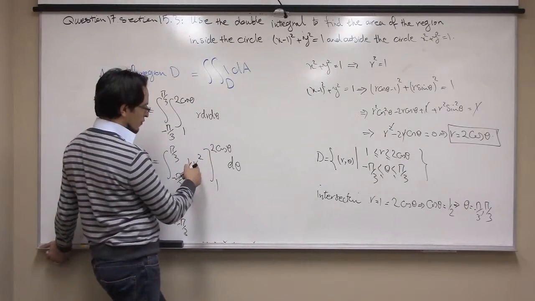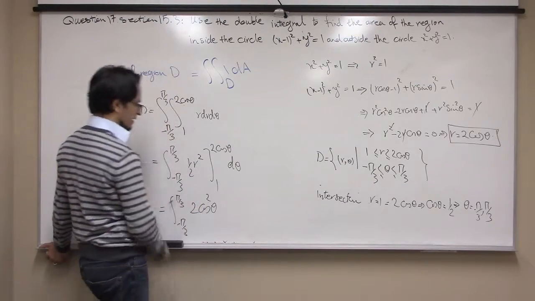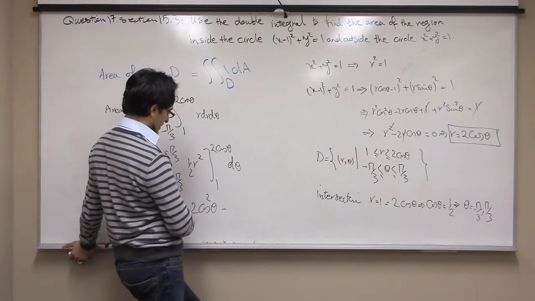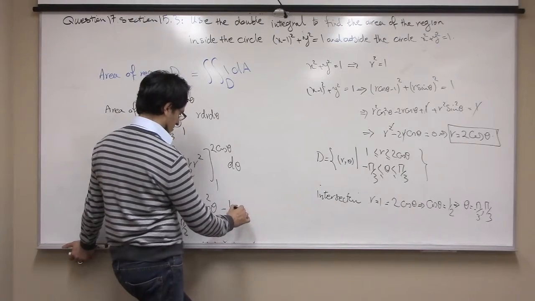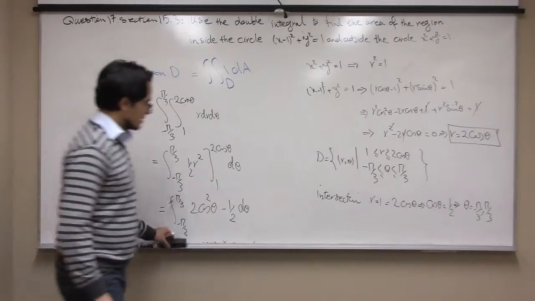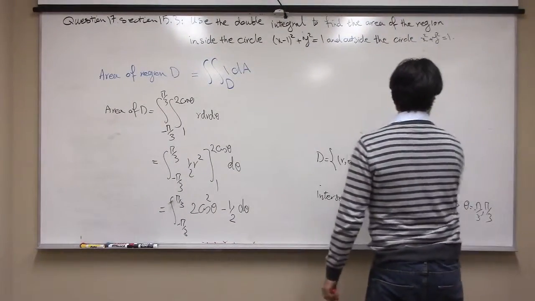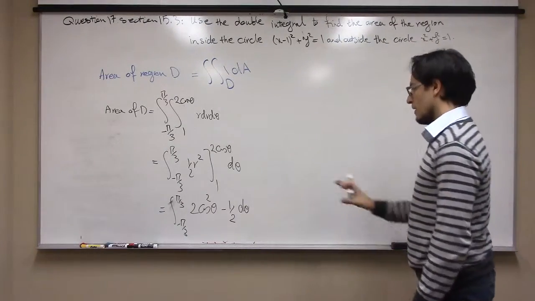So it is going to be 4 cosine squared theta over 2, minus, and you plug in 1, you get half, d theta. Okay, so I now have this easy regular integral, just one integral.